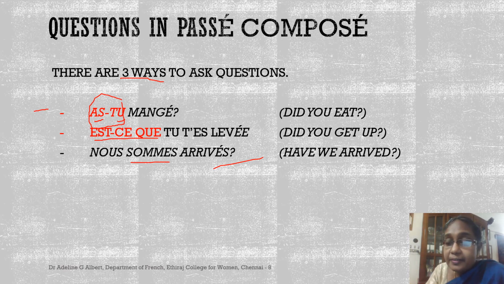Est-ce que nous sommes arrivés? Or very simply, nous sommes arrivés? So each question, I can ask it in 3 different ways. Choose the one you are most comfortable with and practice that for your daily speaking, but learn how to use all three, because sometimes in the tests we ask you to use only est-ce que, use only inversion, so you should be conversant with all the three forms of asking questions using the passé composé.